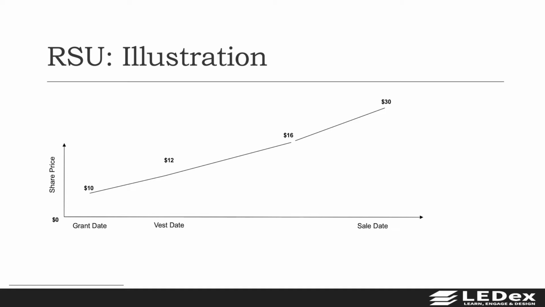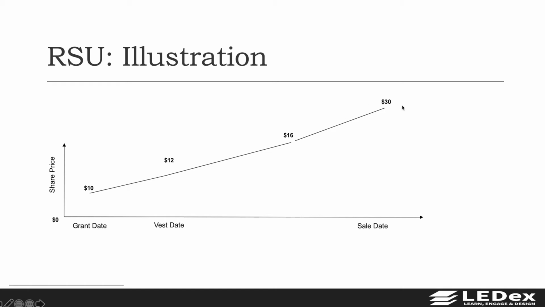Now we will look at a similar scenario, but a different LTI instrument called the RSU, or a restricted stock unit. It's also referred to as a full value instrument. Same example, a share moving up from $10 to $12 to $16 to $30.